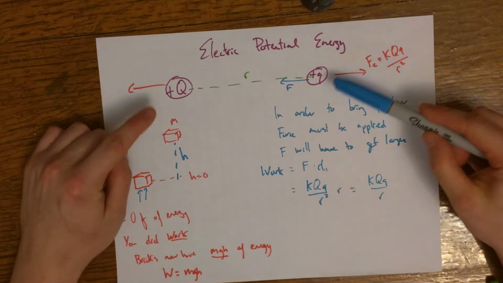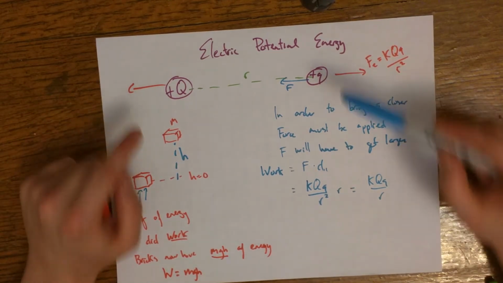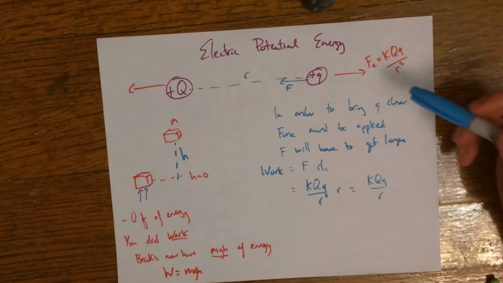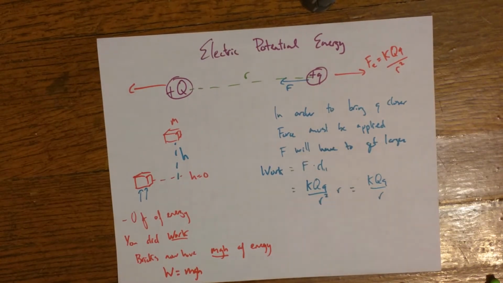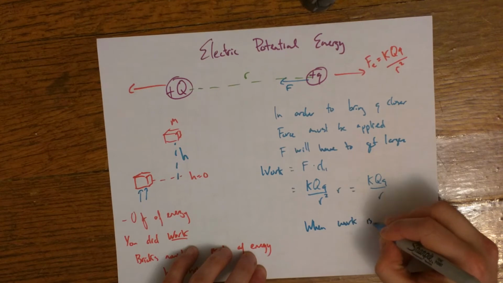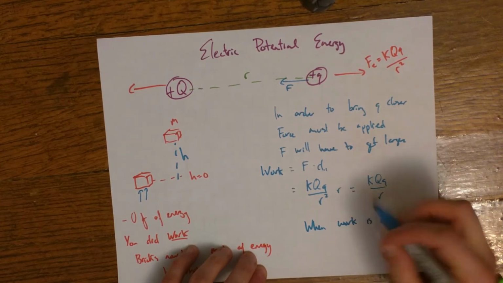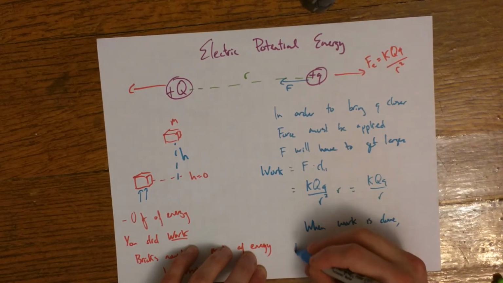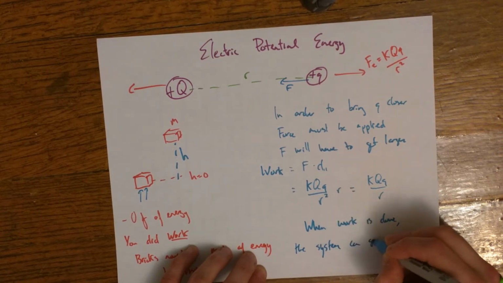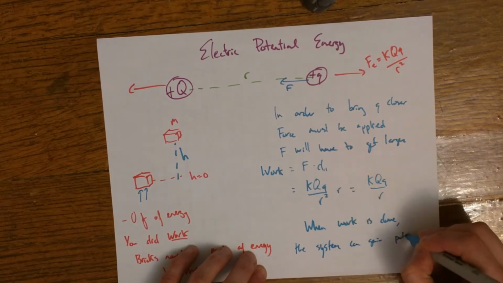Work is done to get these charges to be at their certain location, and that causes the system to gain potential energy. So here's my connection. When work is done on a system, the system can gain potential energy.